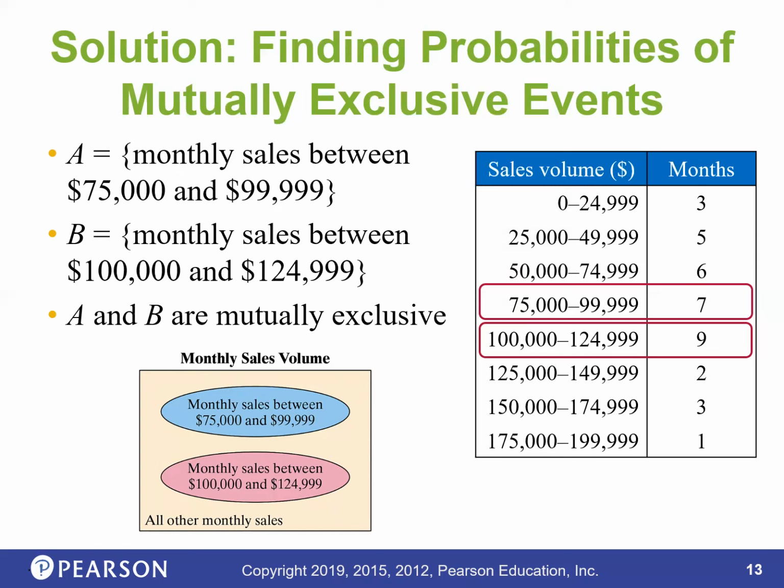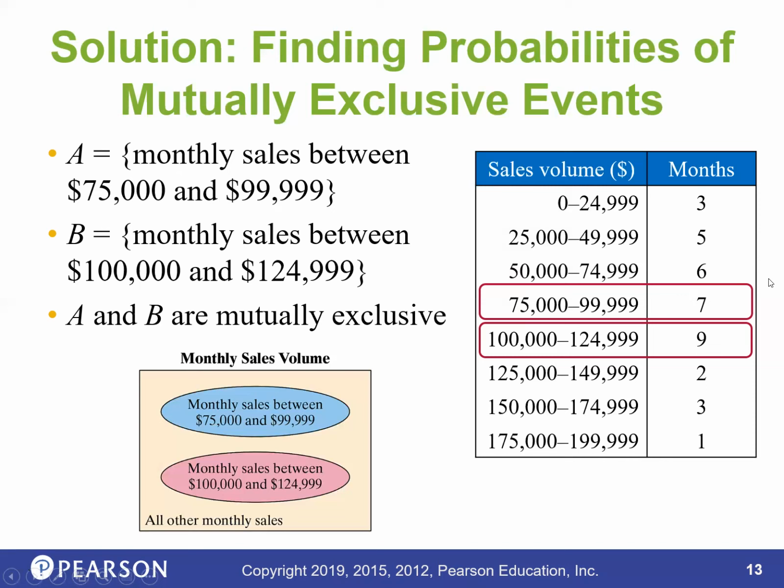I hear a second on 36, perfect. So we have 36. What's the probability of this salesperson getting between 75 and 99,999? Isn't it 7 out of 36, right?